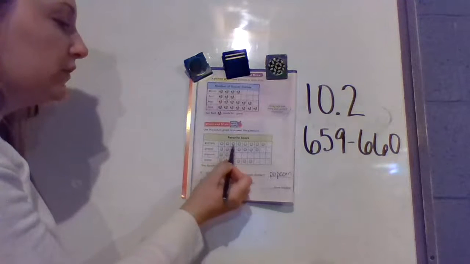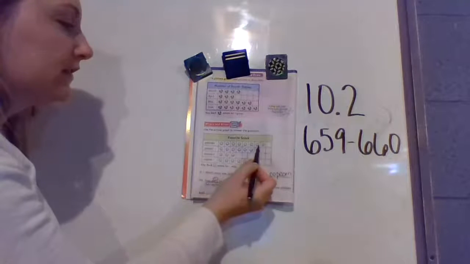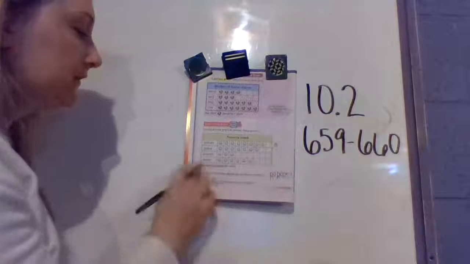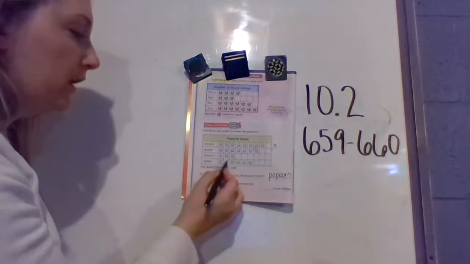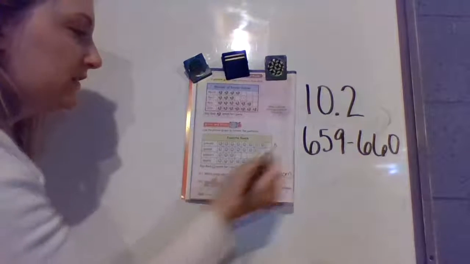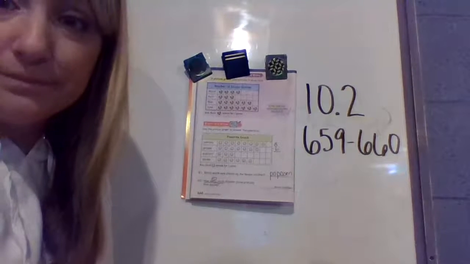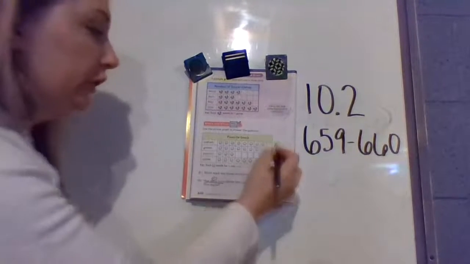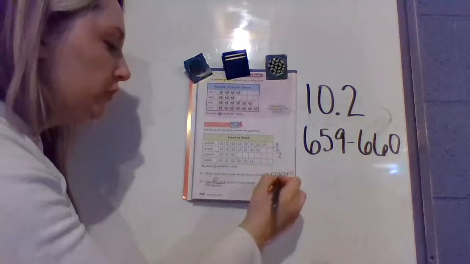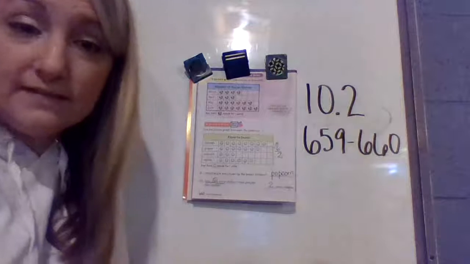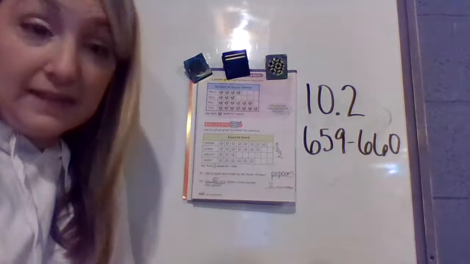We had 1, 2, 3, 4, 5, 6, 7, 8 pretzels, minus, let's count how many apples there were. 1, 2, 3, 4, 5, 6. What is 8 minus 6? Very good, 2. So there were 2 more children that chose the pretzels as their favorite snack than the apples.